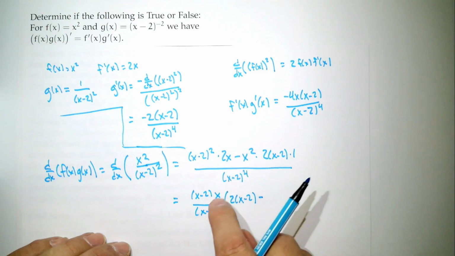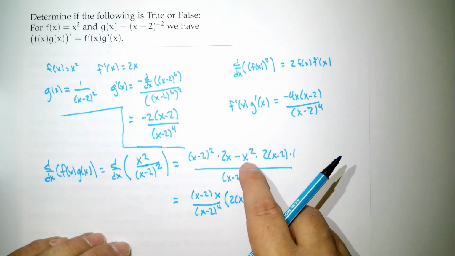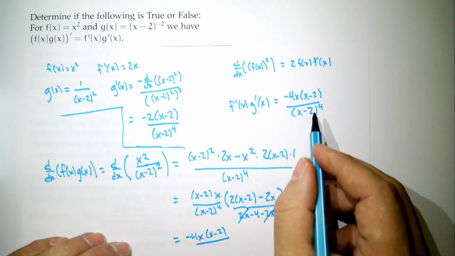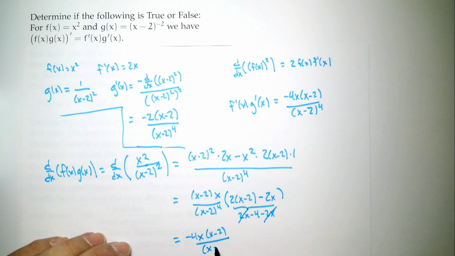We have an x, because we only pulled out one x, and there are two x's here, and there's a 2. So that'll be 2x. Inside that's 2x minus 4 minus 2x. And the 2x's cancel. So that means there's a negative 4 in x minus 2, over x minus 2 to the 4th. So let's just check.